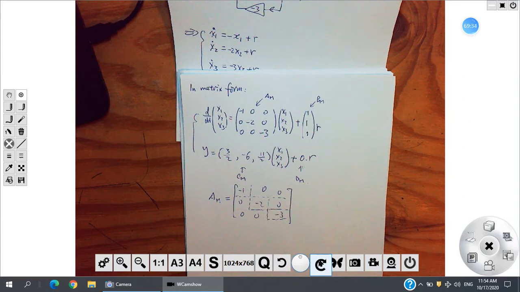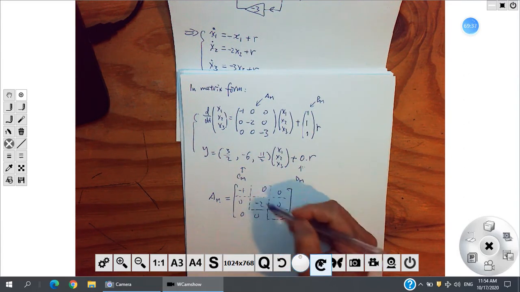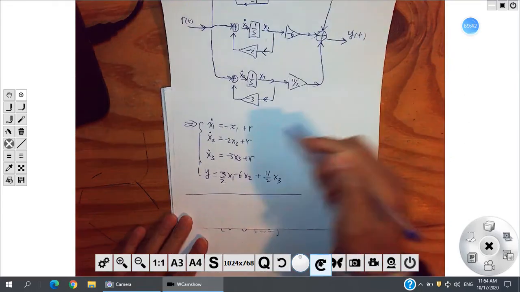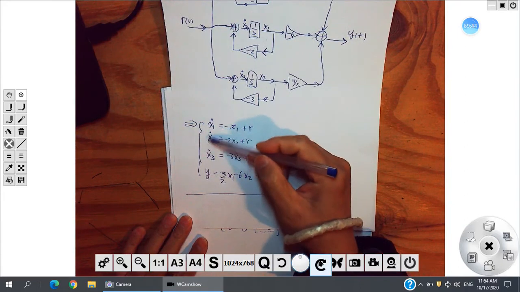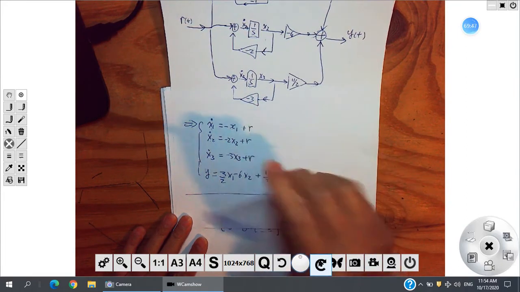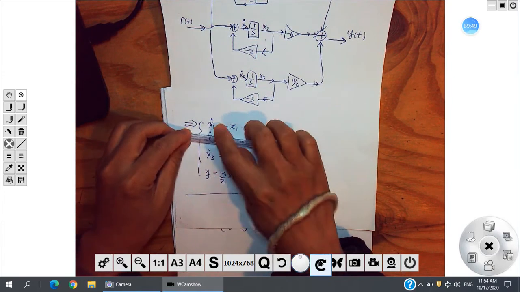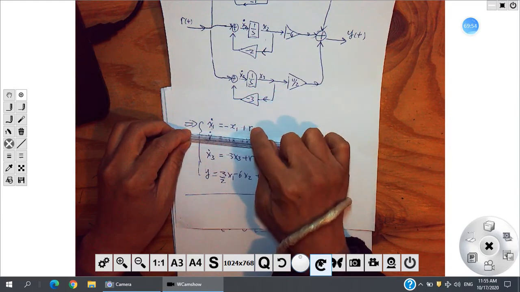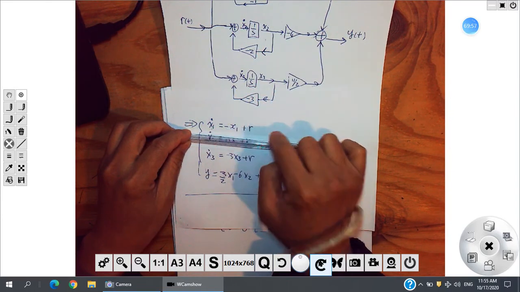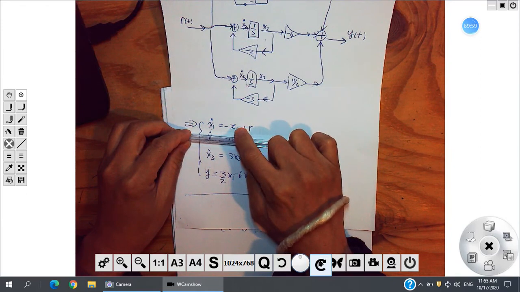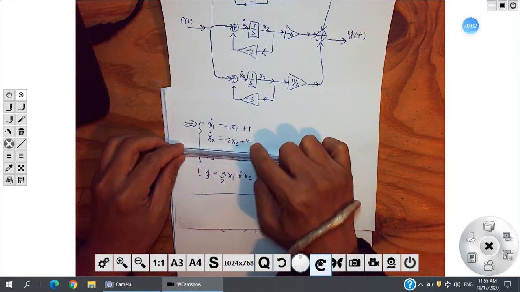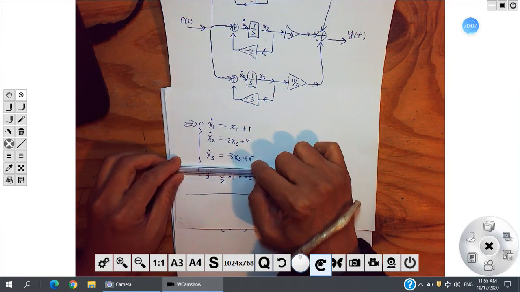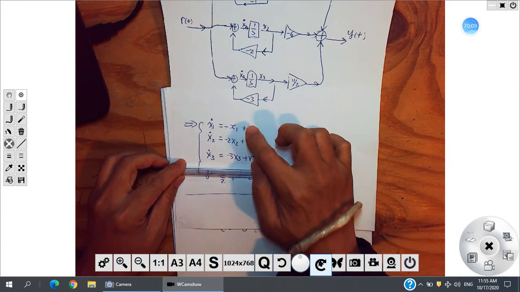You can say it's separate like this. You can think you have 3 separate systems. The first one just contains x1 and the input. R is the input, x1 is the output. This is a small system, only containing R and x1. The second equation is also a small system, containing R and x2. Similarly, the third one is also a subsystem. So we have three subsystems.